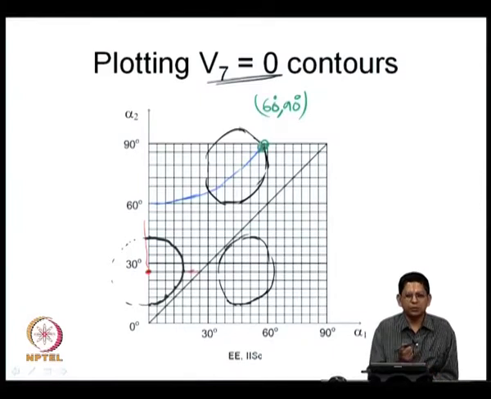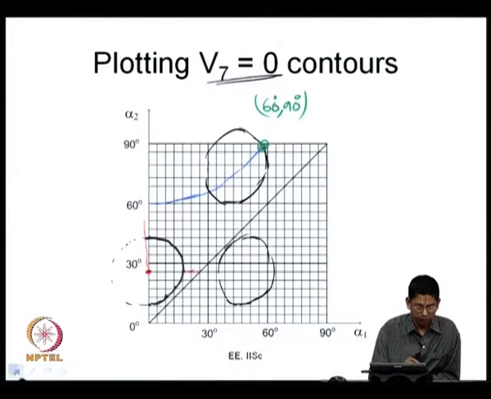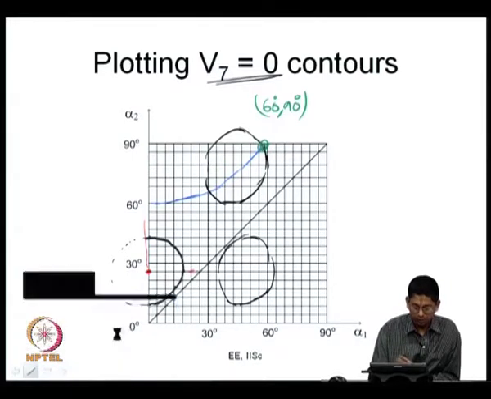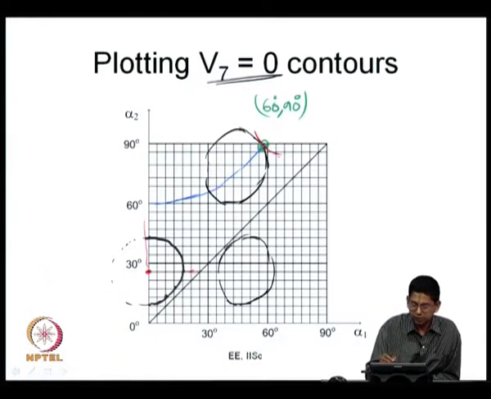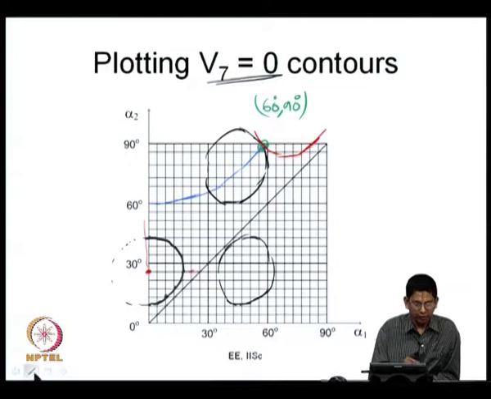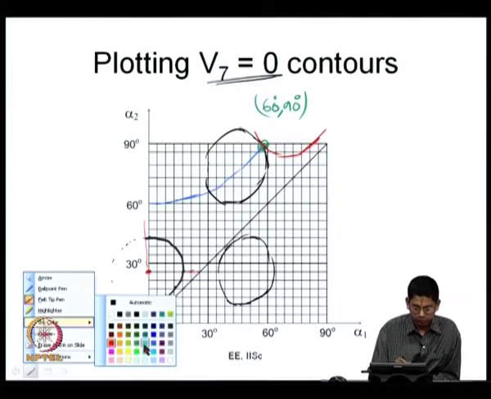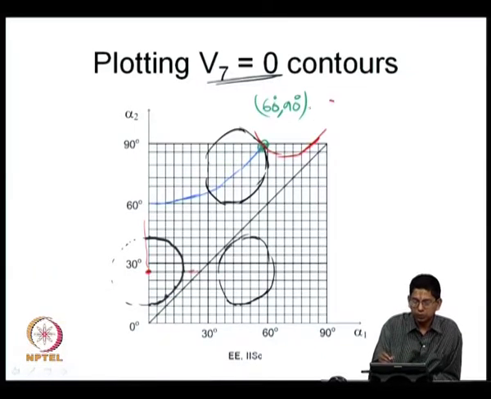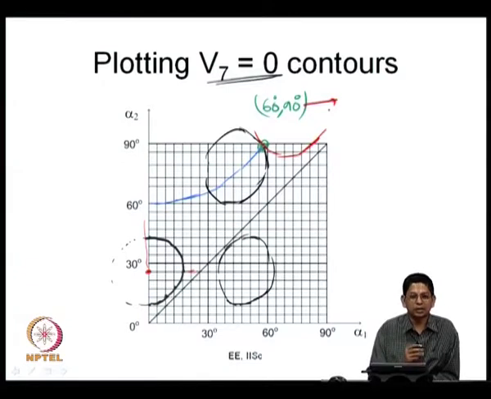All these V phi equal to 0 contours also went through that point, though the curve was different. If I redraw the curve here, that curve went through like this, whereas this curve is going around like this now. Why do all these curves go through that point? Because 60, 90 corresponds to a third harmonic square wave.